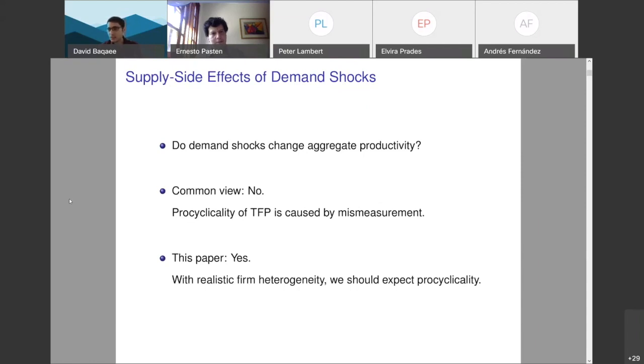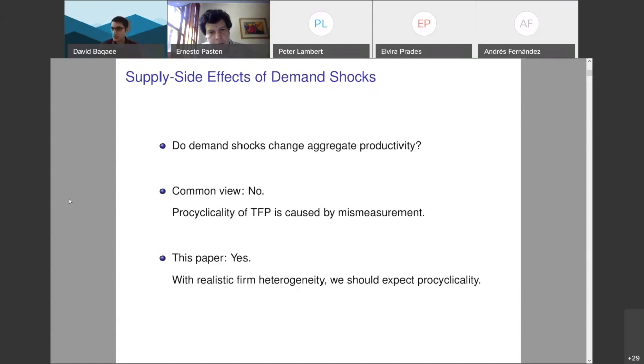Now, if you take this view, which is baked into a lot of the standard models, then there's an awkward fact that you have to explain in the data, which is that measures of aggregate productivity seem very pro-cyclical, and they seem to respond to monetary disturbances. So for example, the Solow residual is pro-cyclical and responds to money shocks, and it responds to fiscal policy.